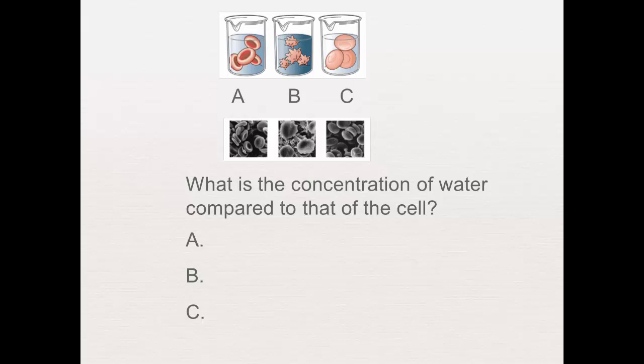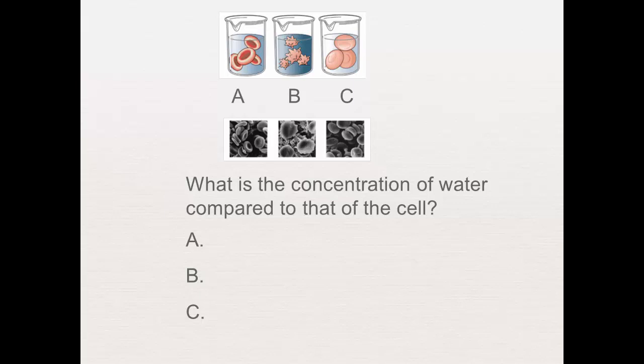If you look at this example, these are cells that are placed in just a solution that's balanced. So let's say our blood cells are 96% water. If I put them in a container that's also 96% water, what do you think happens?